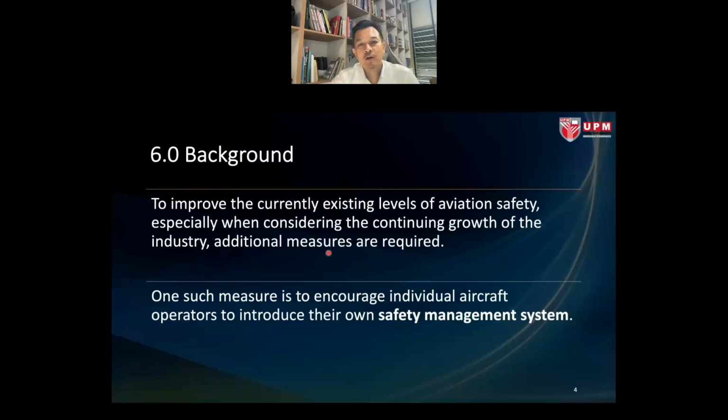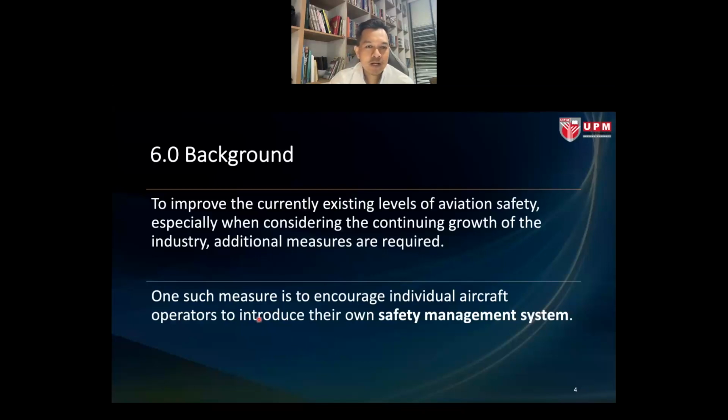This is especially when considering the continuing growth of the industry itself, which means additional measures are required. Okay, one such measure is to encourage individual aircraft operators, the airlines themselves, to introduce their own safety management system.